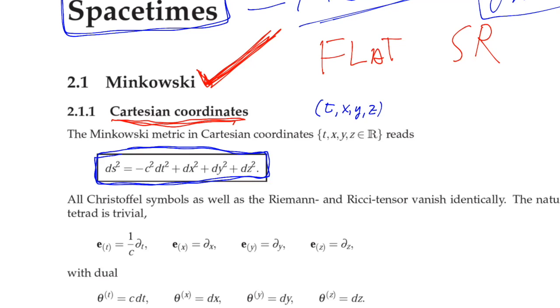Now, they like to do that in this catalog. They like to use this basic, elementary physics engineering notation for the coordinates. So we would have written this as x0, x1, x2, and x3.